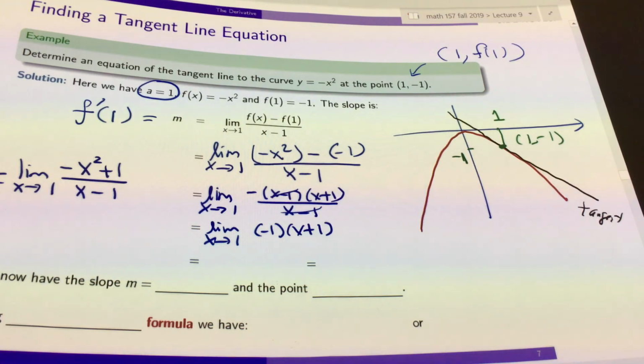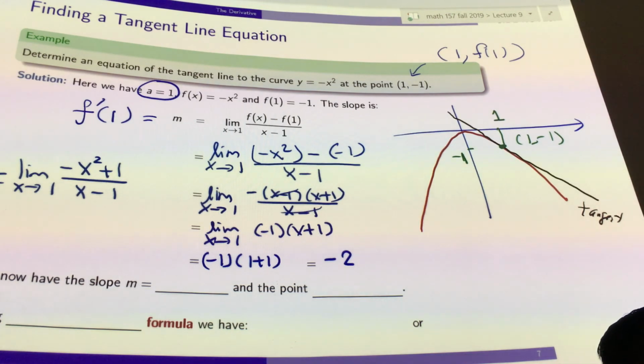Then now you can substitute 1 into the limit because you have canceled the term that made it 0. So you get negative 2. A very simple calculation of the limit. I know that the derivative f prime of 1 is actually minus 2. That agrees with the geometry here: the slope is minus 2, right?